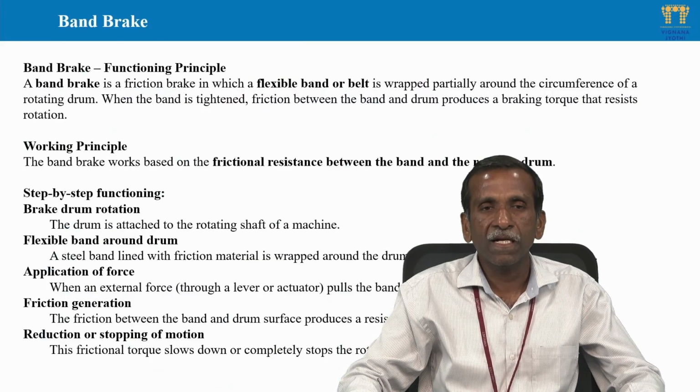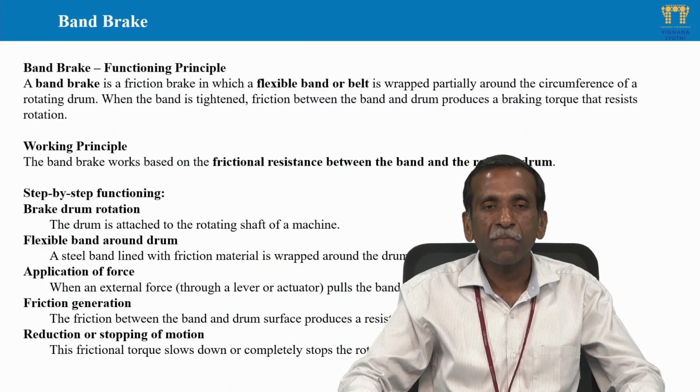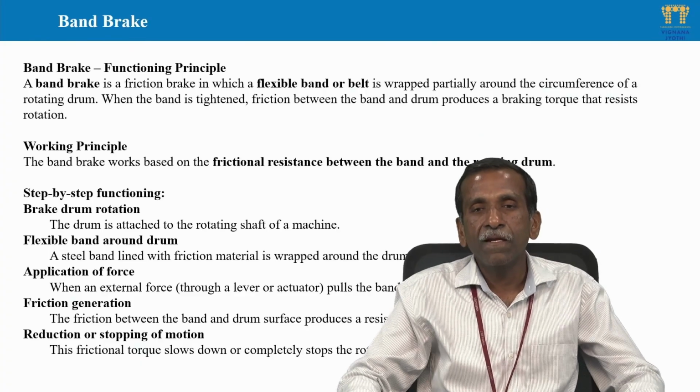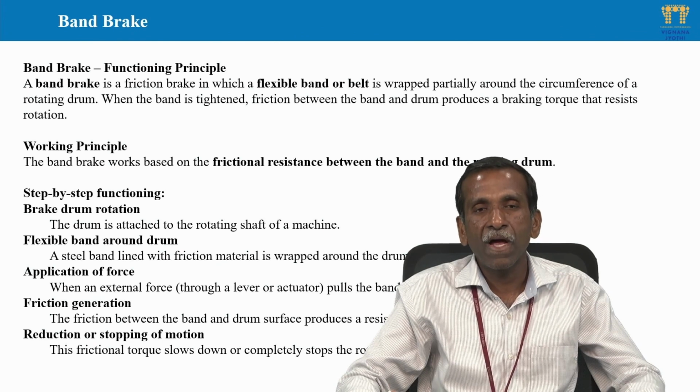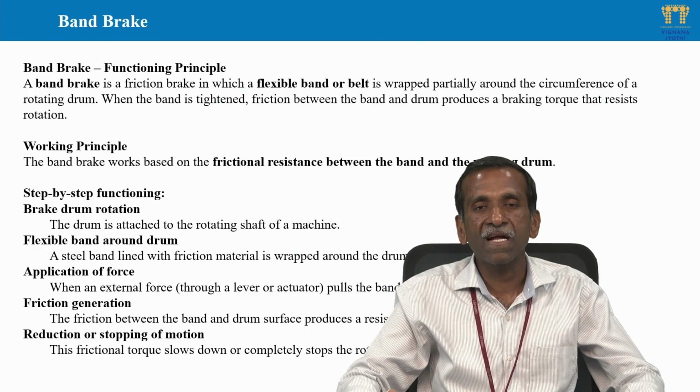A band brake basically consists of a band wrapped around the rotating wheel or drum. Because of the tensions in the band, the two ends of the band are connected to the pivot point of the lever, as you have seen yesterday, with tension T1 on the tight side and T2 on the slack side.